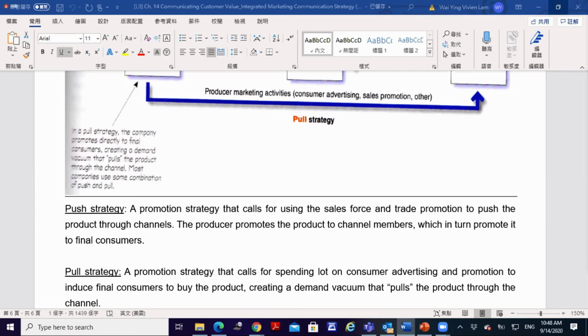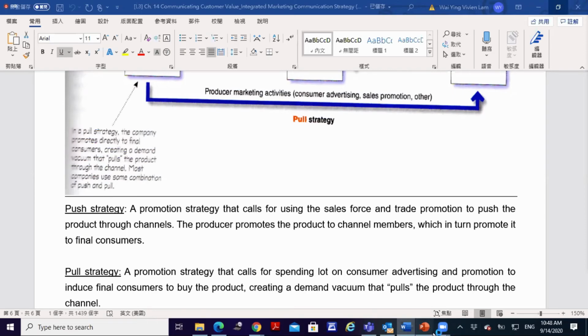You may tell the customers the downside, and then let them think about the good side of your product. So actually, this one is soft sell, this is hard sell. So when we talk about promotions, we have push and pull.